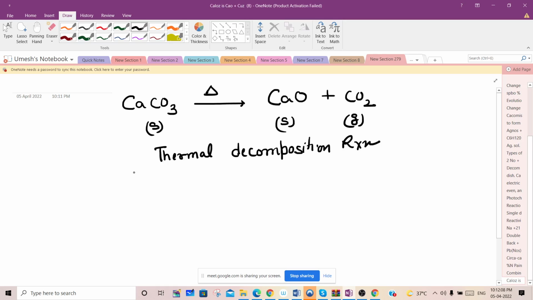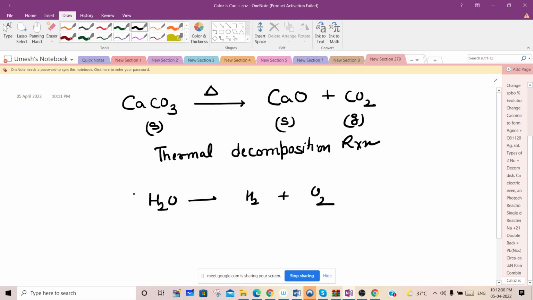Any other example that you can give me? H2O decomposes to give H2 plus O2.